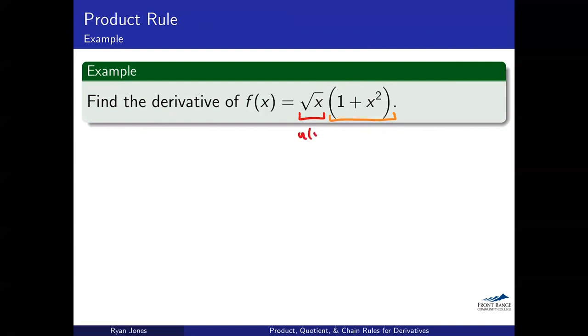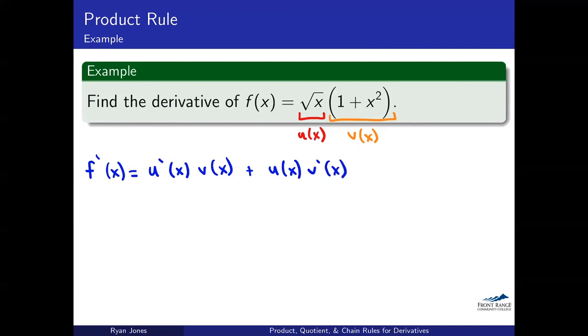So let's go ahead. I'll label this u, and then I'll label this v, and we'll remind ourselves of the product rule. So the derivative here is going to be u prime of x times v of x plus u times v prime of x.